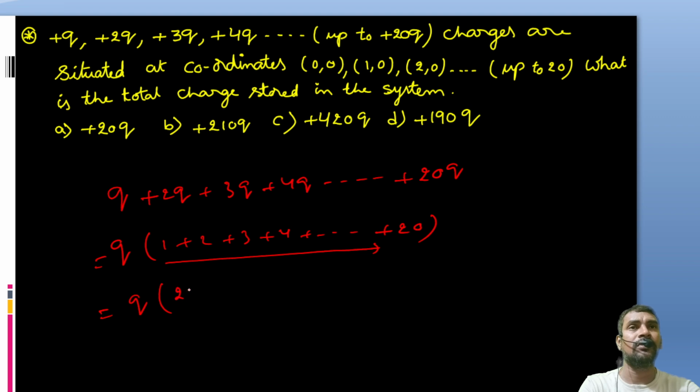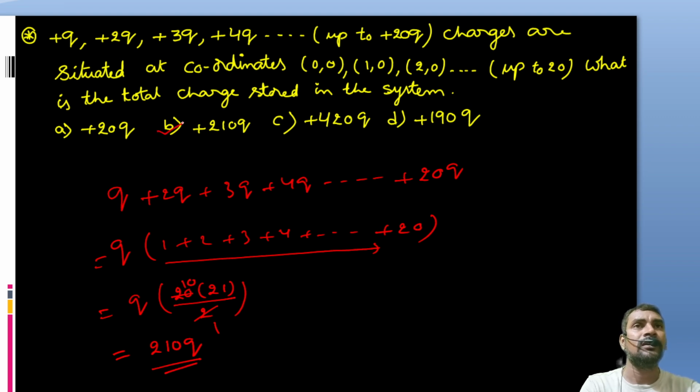So here it is 20 into 20 plus 1, which is 21, divided by 2. So 2 ones are 2, 2 tens are 20, giving 210. The total charge is 210 q. Is there any option? Yes, option B is the correct answer for this question. I hope it is clear. Just add all the charges.